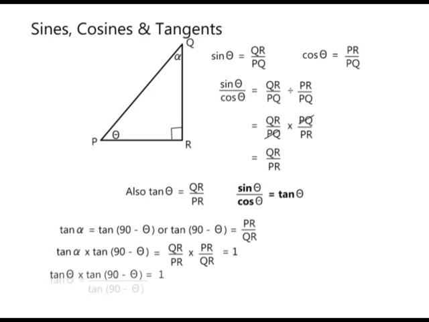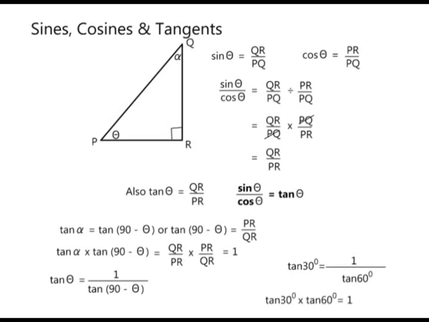And therefore we say tan theta is equal to 1 over tan 90 minus theta. That is, the product of the tangent of an angle and the tangent of its complement is 1. For example, tan 30 is equal to 1 over tan 60, or rather you can say tan 30 times tan 60 is equal to 1.